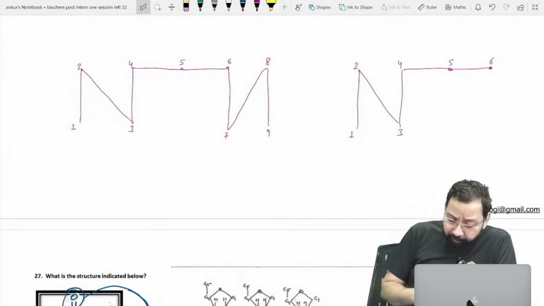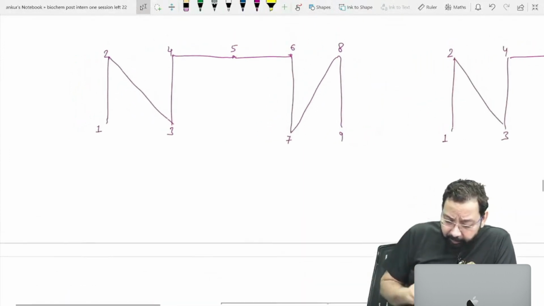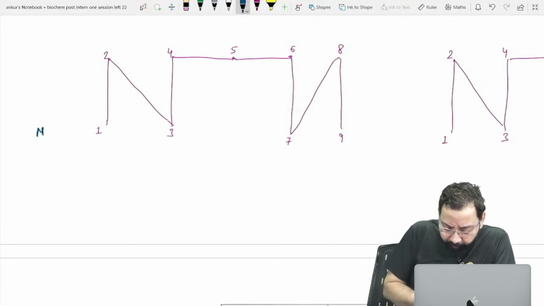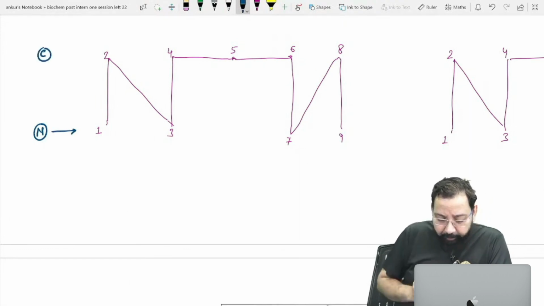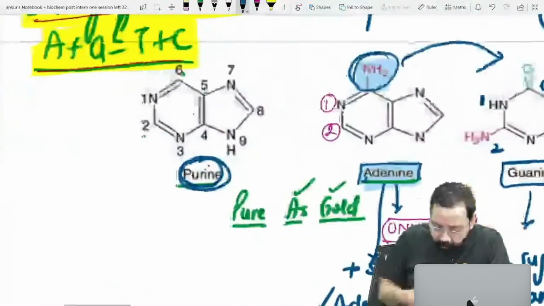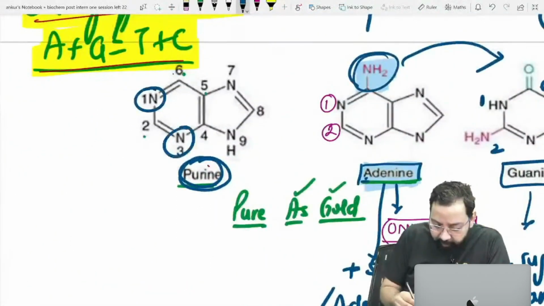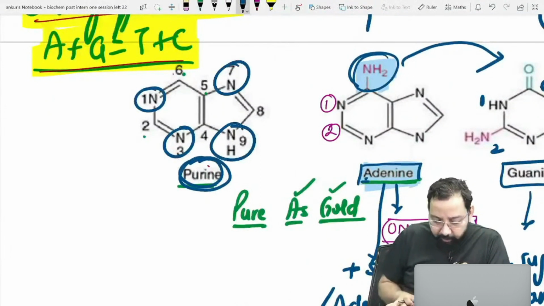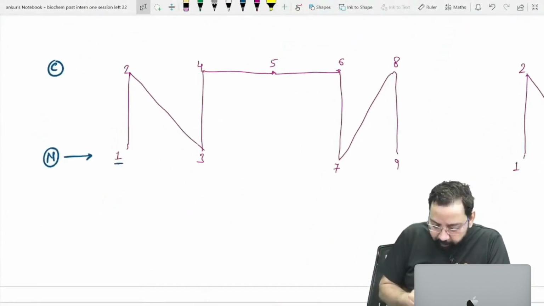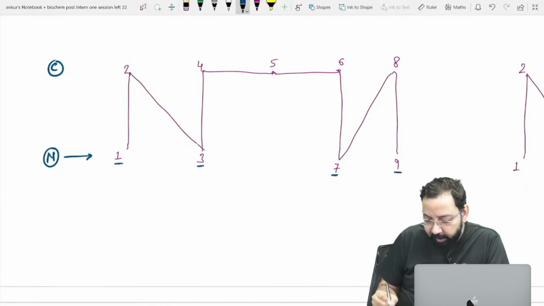So we remember like this, and we say the lower ones are nitrogen, the upper are carbon. You can easily see that position 1 is nitrogen, third nitrogen, 7 nitrogen, 9 nitrogen. So 1, 3, 7, 9.